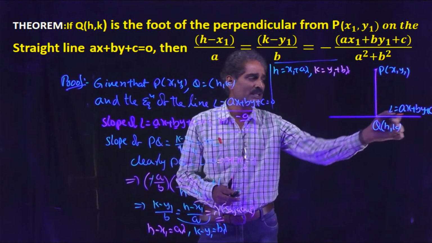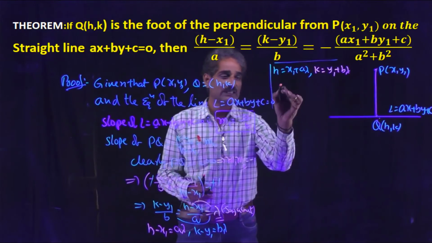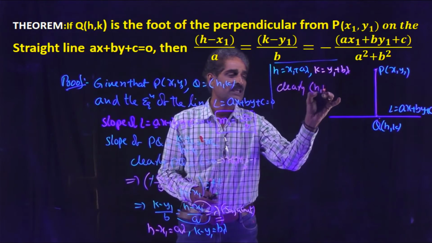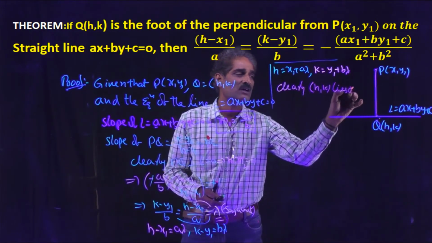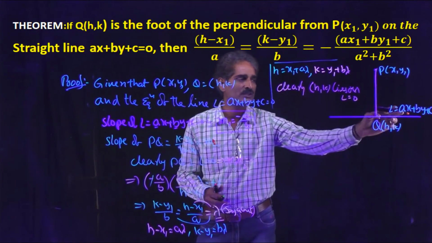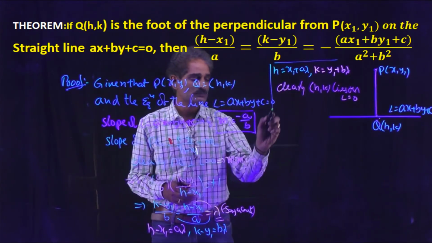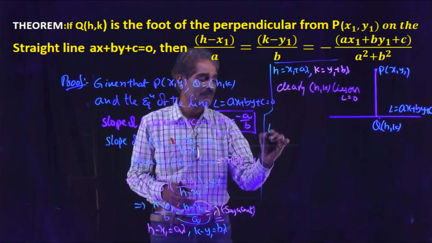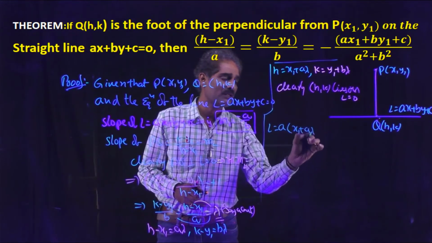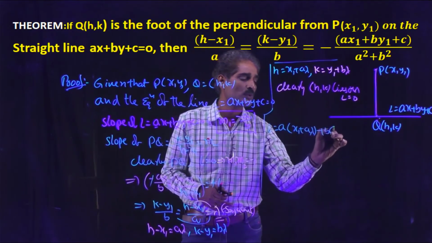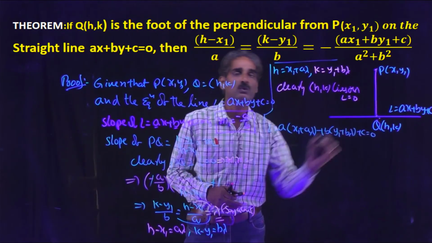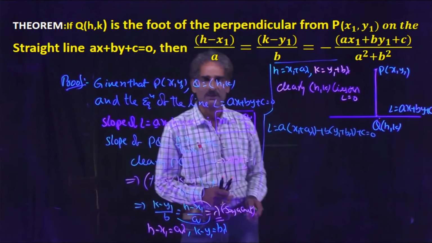Clearly (h, k) lies on the line, therefore (h, k) lies on L = 0. Substitute the h value and k value in this equation L = 0. Therefore L becomes a(x1 + a lambda) + b(y1 + b lambda) + c = 0. Now simplify it and find out the lambda value.